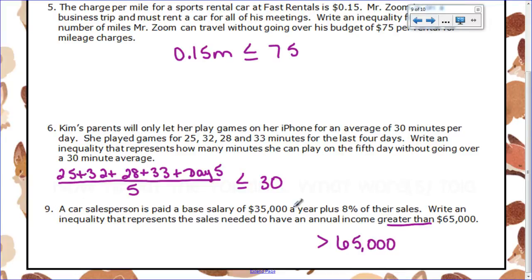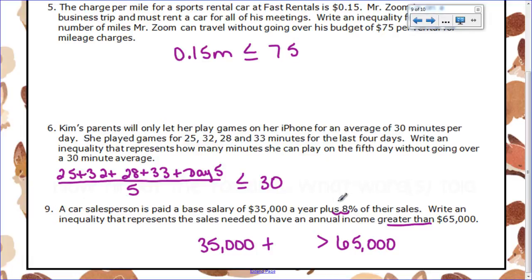And what I know is that they make this $35,000 just because they got up and went to work. How cool is that? But then plus, they get this 8% tacked on. Now, again, like we had in the writing equations one from yesterday, this 8% has got to be converted to a decimal or we can't use it. So I would have to move my decimal 2 spots over.